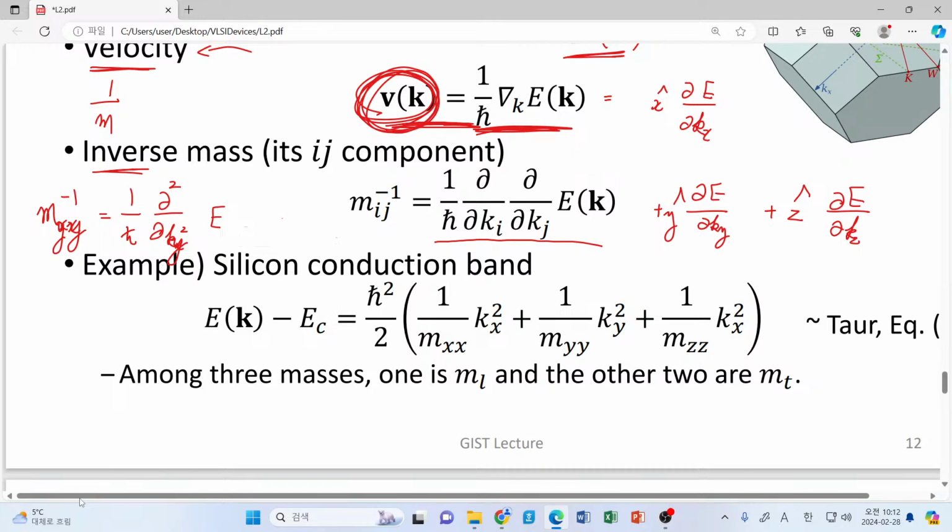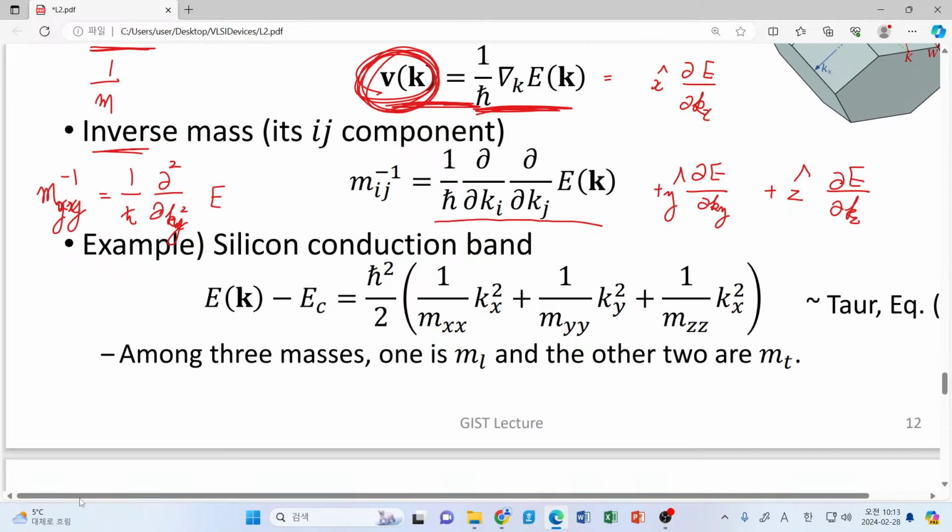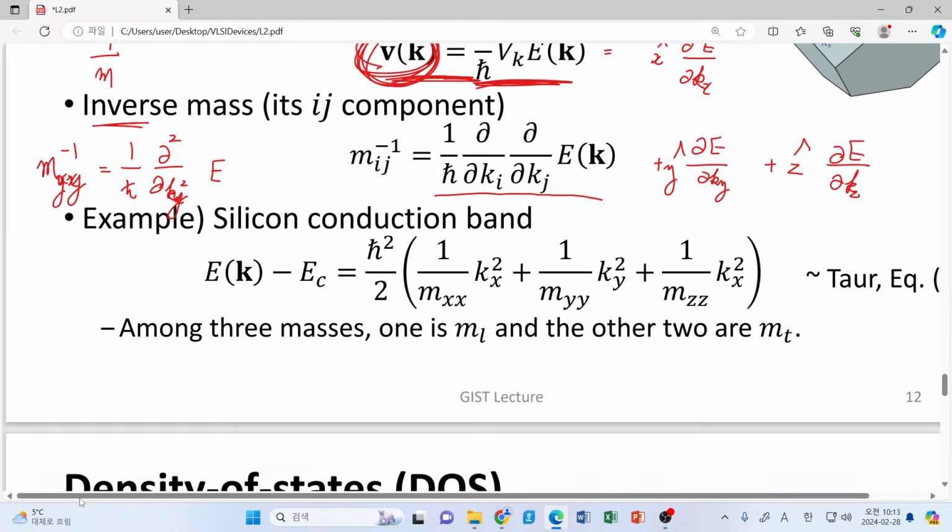So now let's have a look at the silicon conduction band example. This example is particularly important because we will heavily rely on this silicon conduction band. We are fabricating our MOSFET using silicon, so understanding the silicon conduction band is quite important.